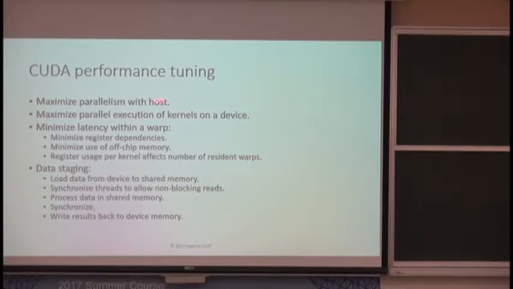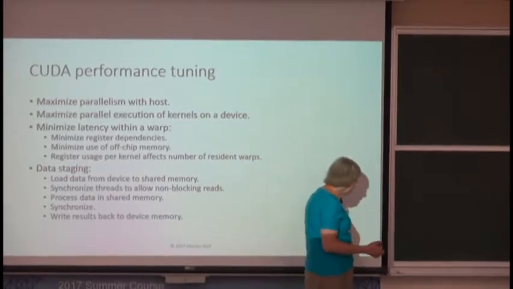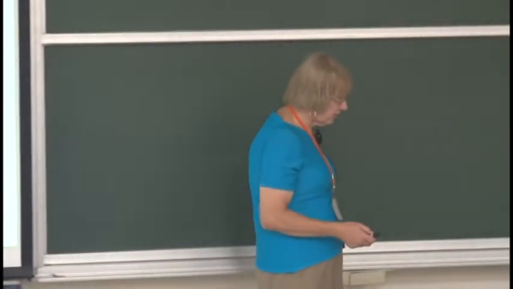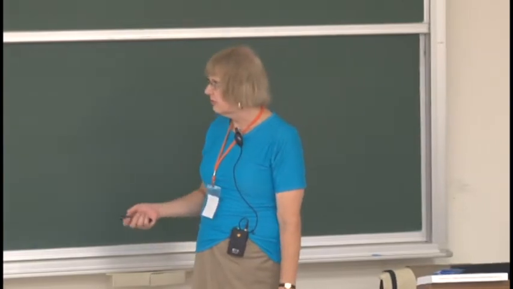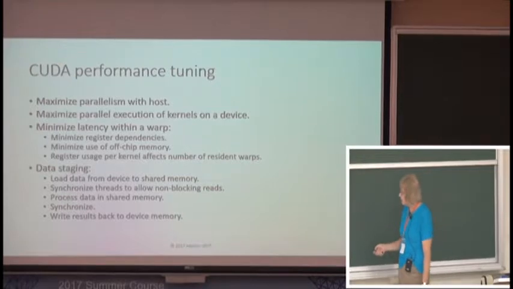Clearly, you want to maximize the parallel execution of those different convolutions, the nonlinearities and so forth on the GPU, right? You also want to minimize the amount of the waiting time, the latency within a warp, okay?